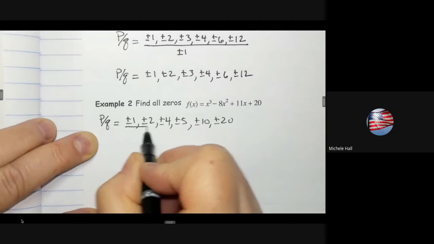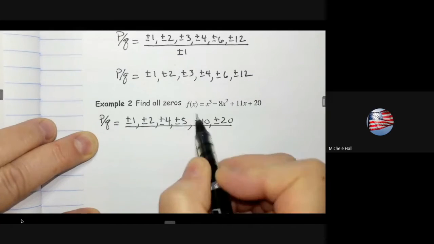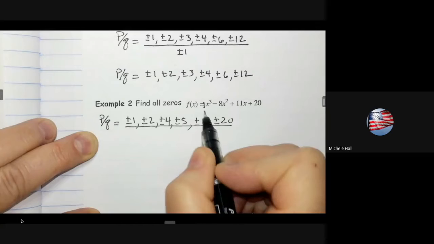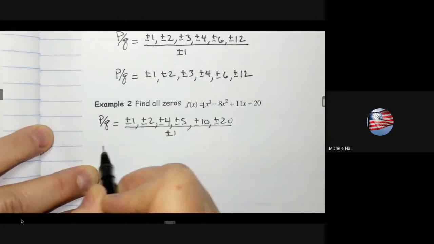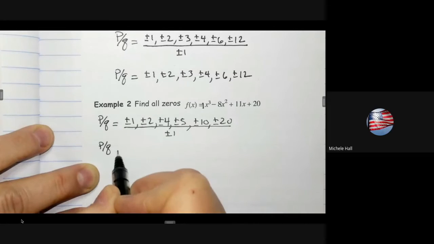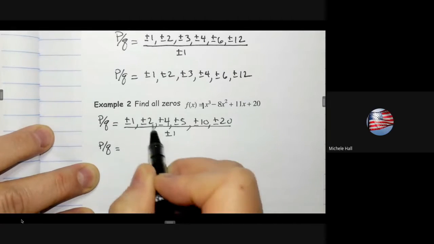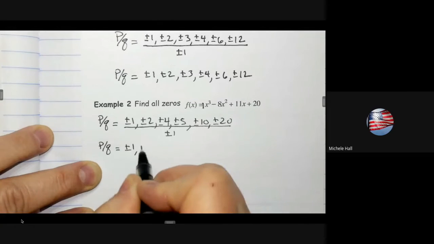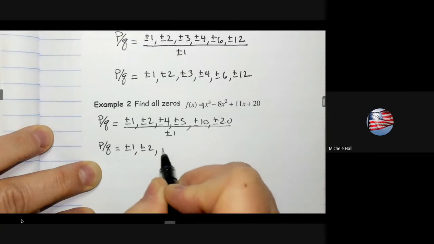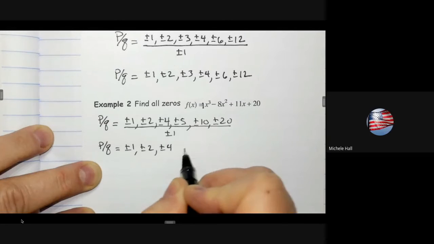And all of those are going to be over factors of the leading coefficient, plus or minus 1. So 1 over 1, 2 over 1, and so on. We have plus or minus 1, plus or minus 2 over 1, plus or minus 4 over 1, and so on.